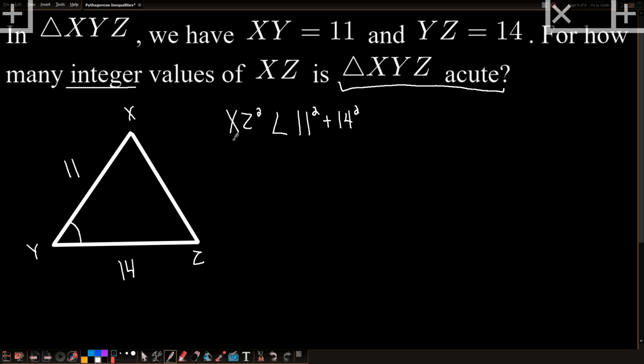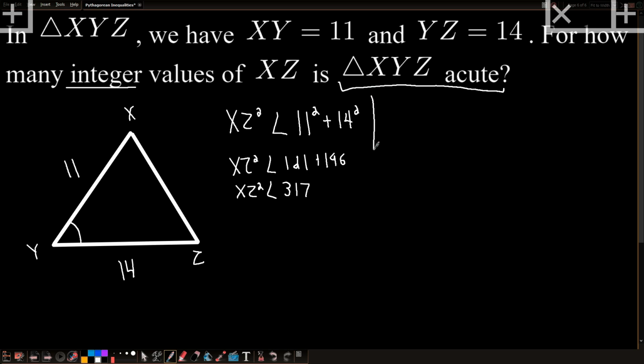And simplifying this a little bit further, we have that XZ squared is less than 121 plus 14 squared, which is 196. And that would simplify that XZ squared is less than 317.